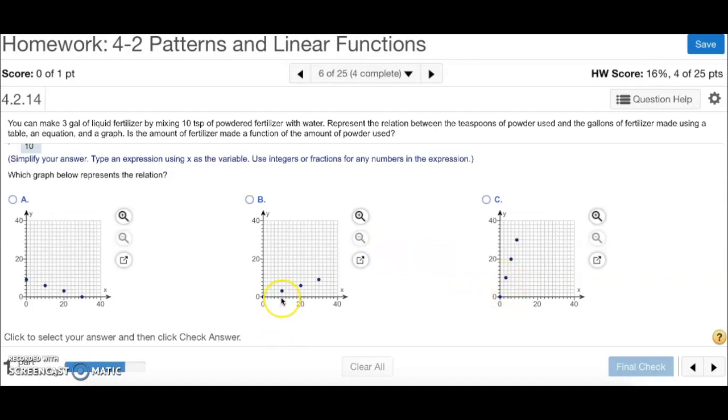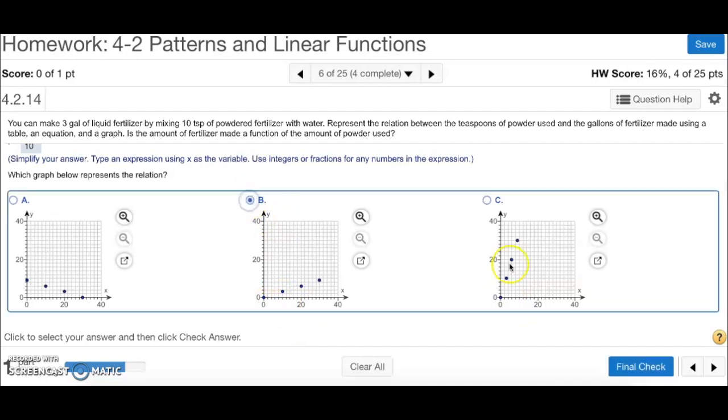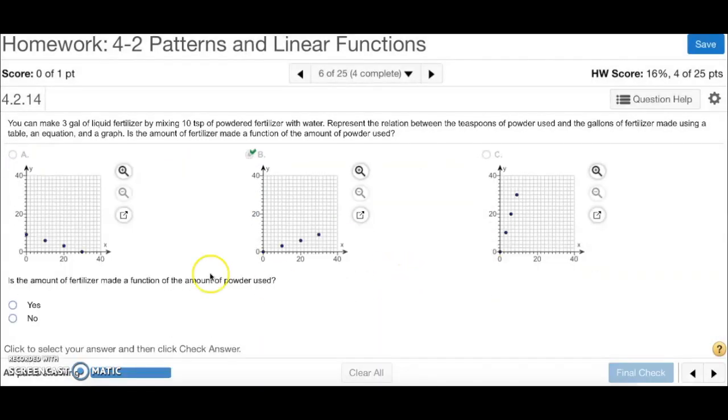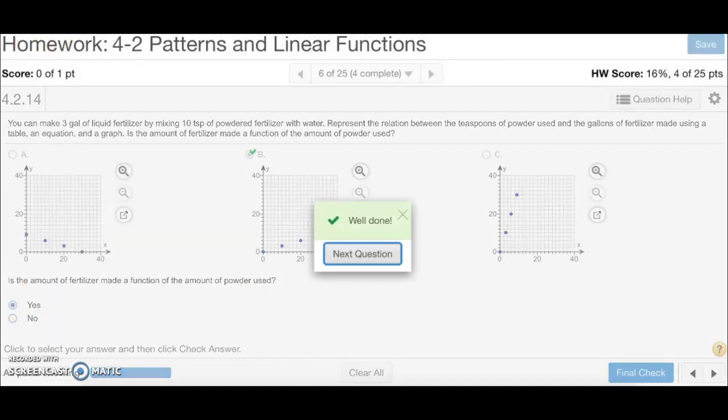But we know x is 10 here because it's halfway between 0 and 20. That means it has to be B. So, is the amount of fertilizer made a function of the amount of powder used? We will say yes. And that's number 6.